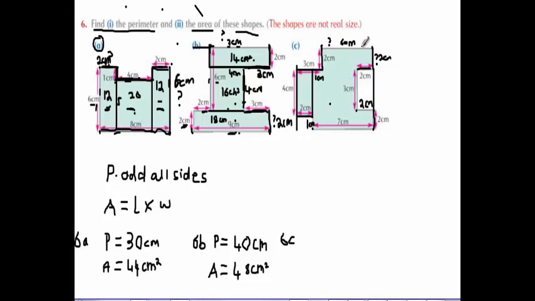from here to here. Now very quickly we can add up our perimeter.